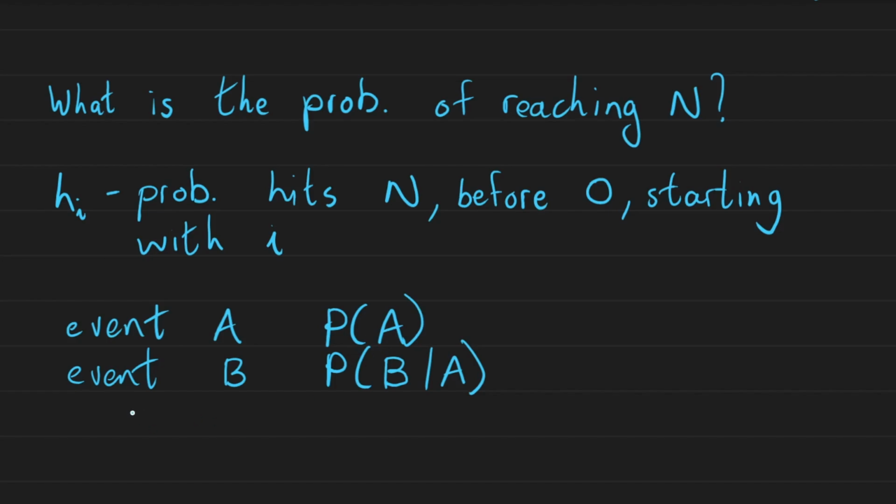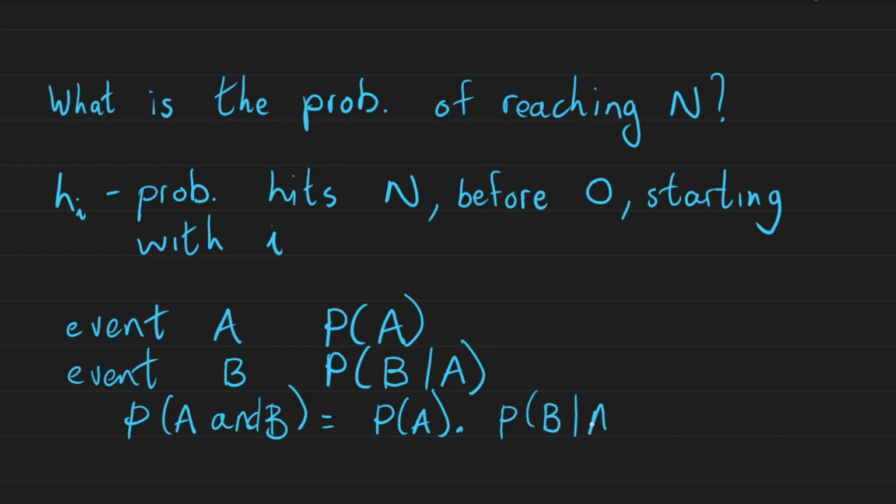So what is the probability of A and B occurring? That's equal to the probability of A multiplied by the probability of B, given that A has occurred.